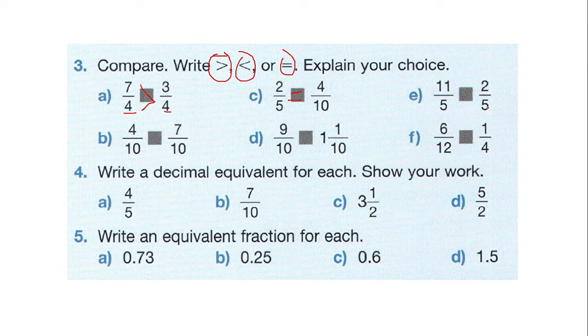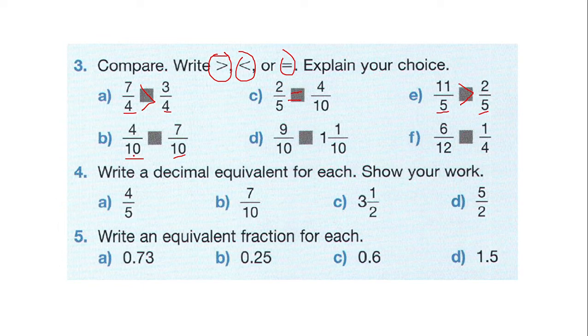Now 11/5 and 2/5. We can look at this one in the same way, saying our pieces are cut into the same size. They're both cut into 5 pieces. This one is 11 pieces, this one is 2. So this one is greater than. It's the same idea here, we're both cut into 10 pieces.